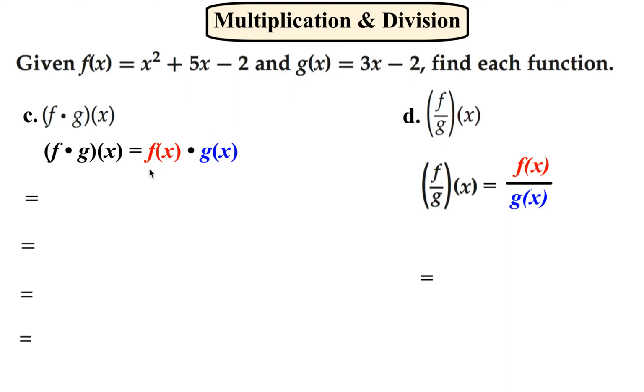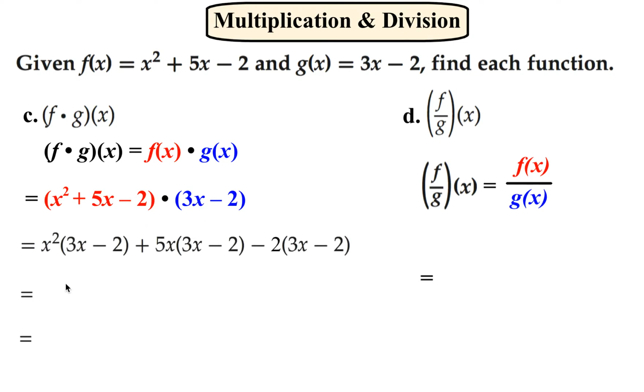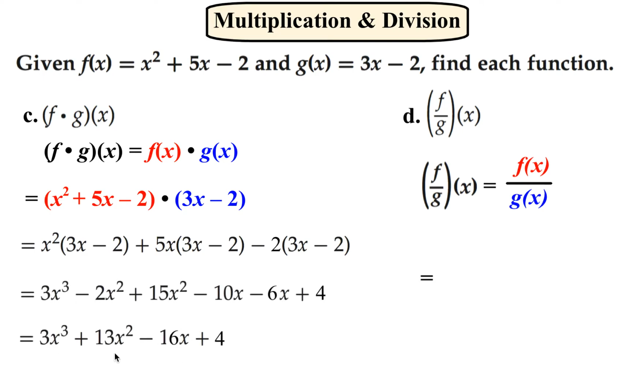When we're multiplying, we're going to be using the distributive property. So I have the two functions here. When we multiply, we're going to take the first term times the binomial, then the second term times the binomial, and the third term times the binomial. And we'll use our distributive property on each of those. And then combining our like terms, we end up with 3x cubed plus 13x squared minus 16x plus 4.